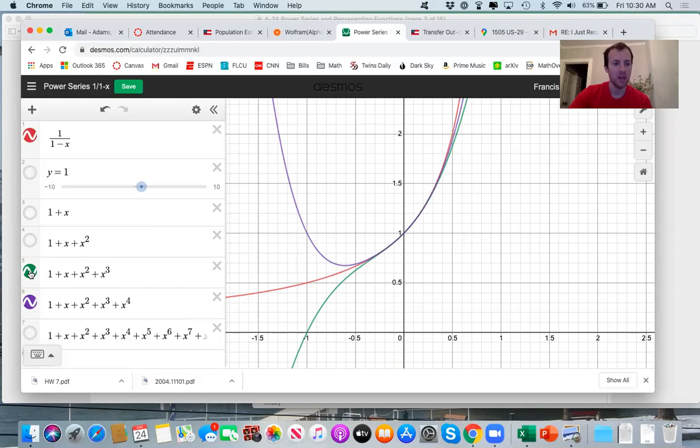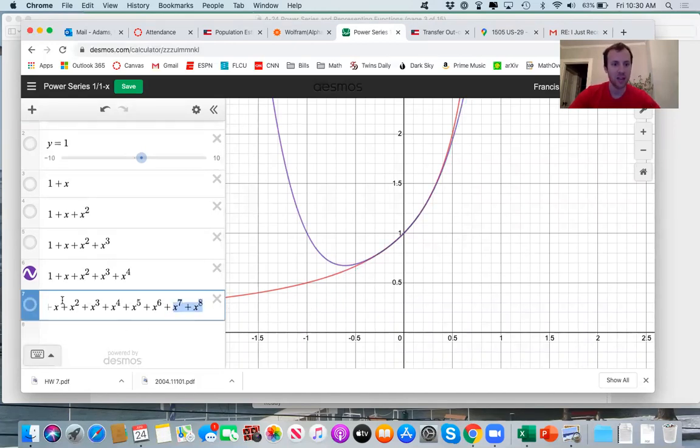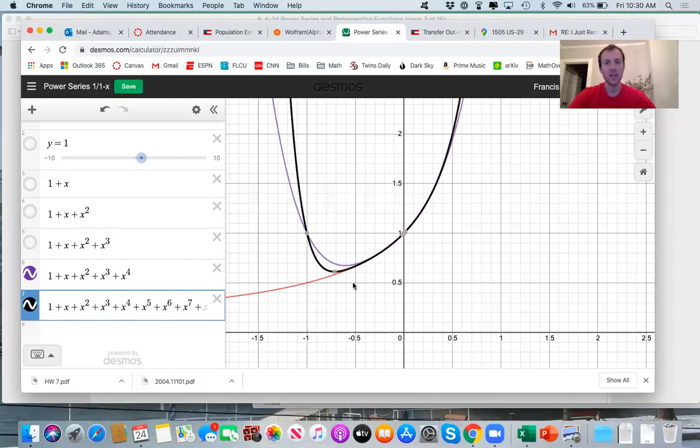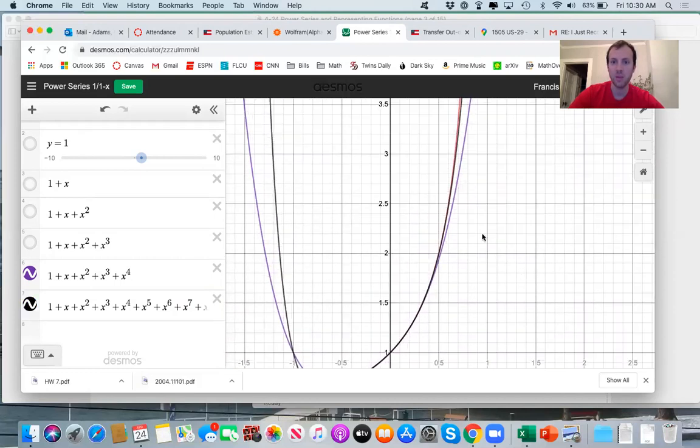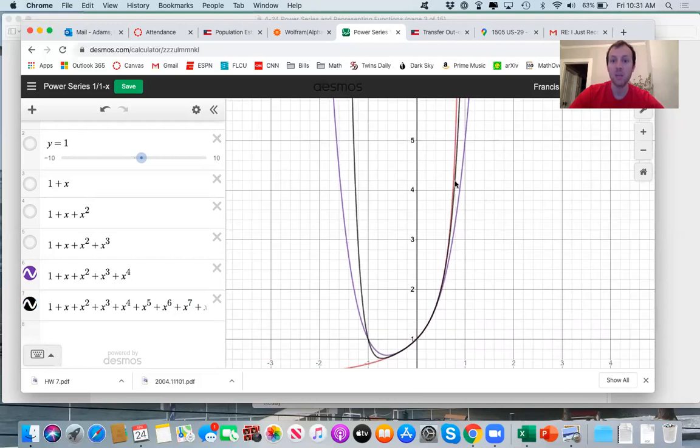And if we make a big jump to x to the 8, this black line stays with the red original function even longer. So up here, the black line is staying with the red line for quite a while. It eventually is getting some separation, but it's still pretty good.